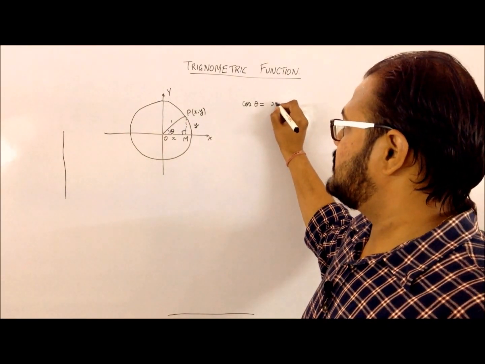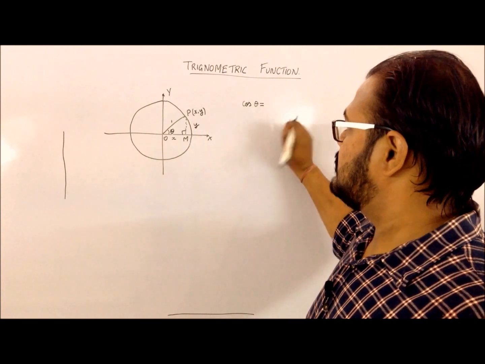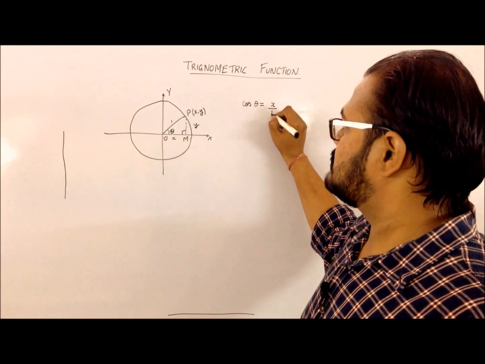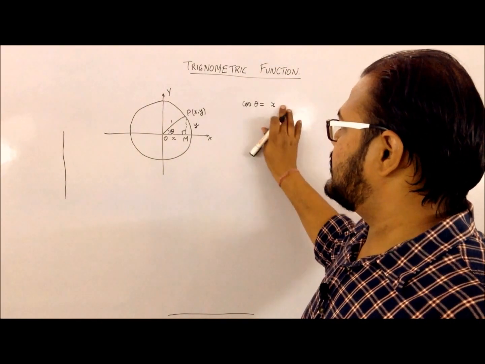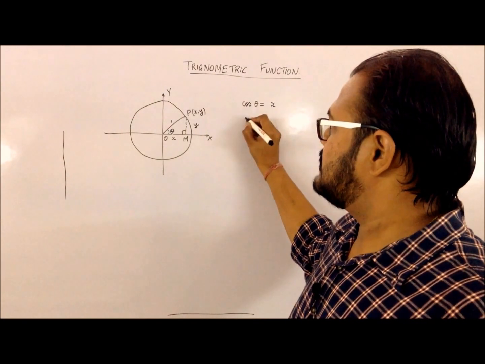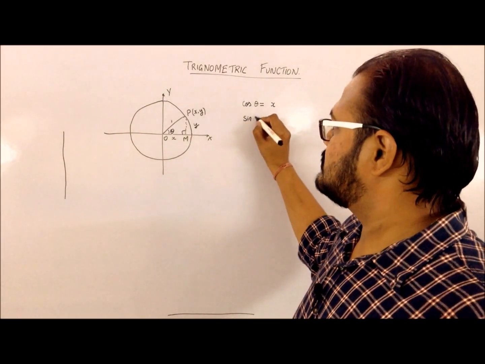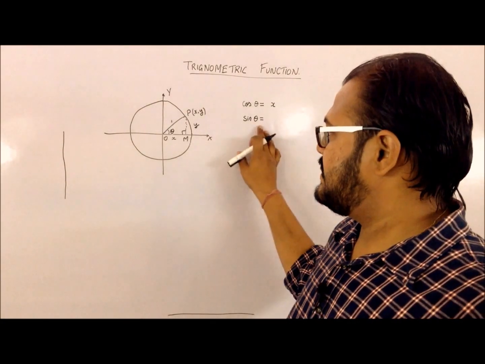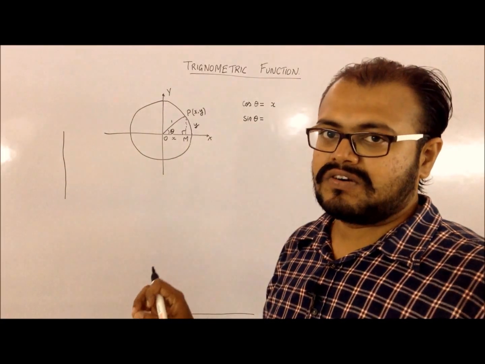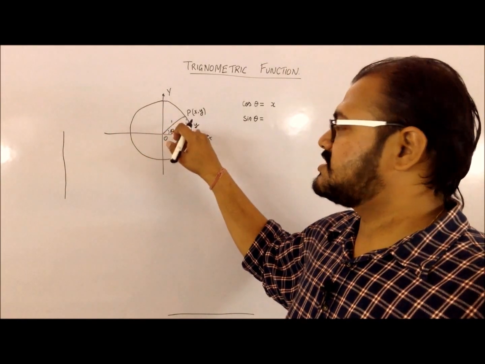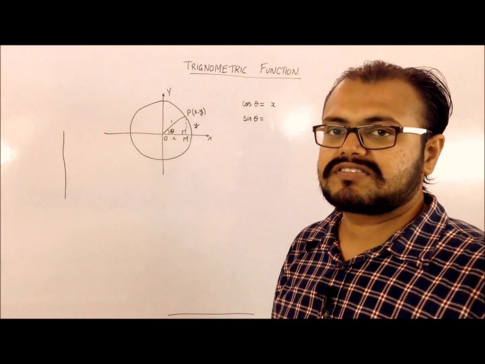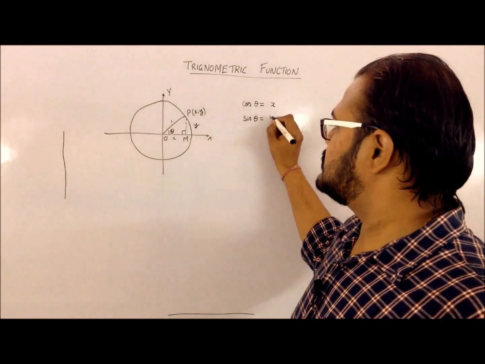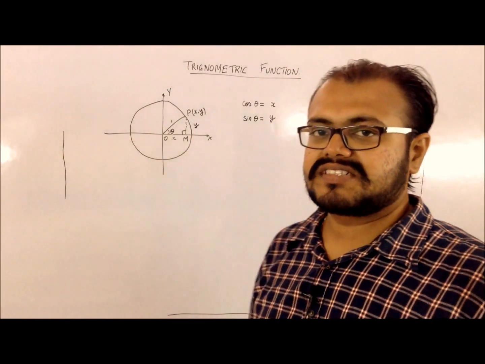So that gives me the answer as x divided by 1. So basically it is my x. To get the second relation, that is for the sine ratio, sine theta has the ratio of side which is opposite to it upon hypotenuse. So side opposite is y and the hypotenuse is 1.